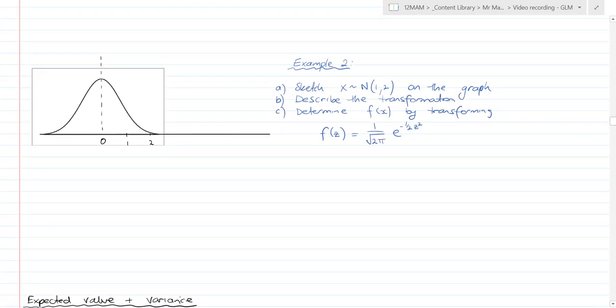And there's our normal distribution. I'm just going to change this value again, so that's going to become a 4. I've got x is approximately equal to the normal distribution 1, 4, and that 1, 4 implies to me that mu actually equals 1 and sigma equals 2, because this is our sigma squared and this is our mu. And so on a graph, there's my mu, but because sigma is 2, it actually means that we're compressing the graph.